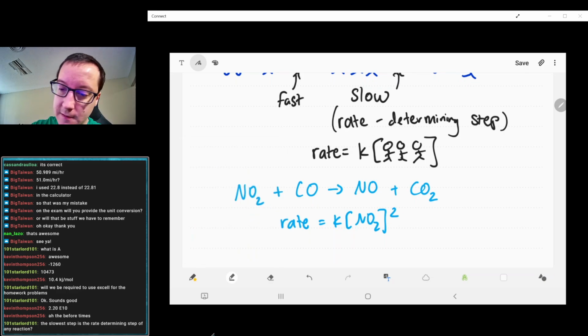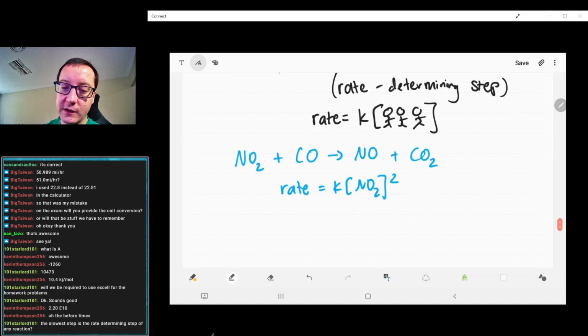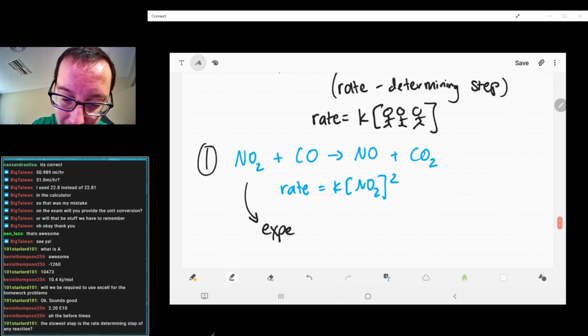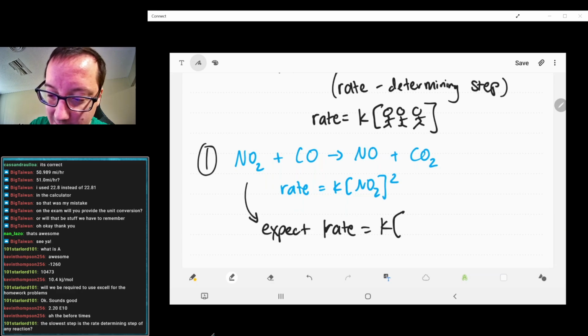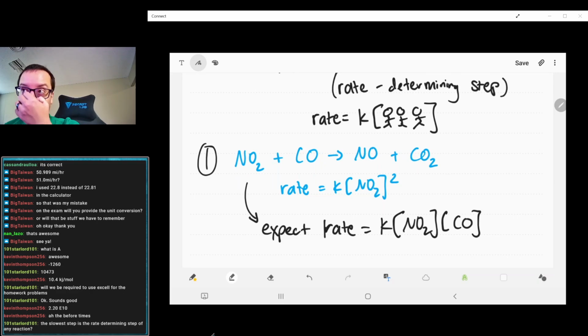Okay. So if we just say it happens like this, scenario 1, it's just that reaction, there's nothing else that happens here, we would expect that the rate is equal to K times that for our rate law if it were just that one-step reaction.